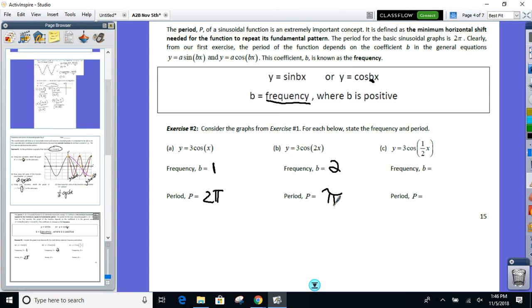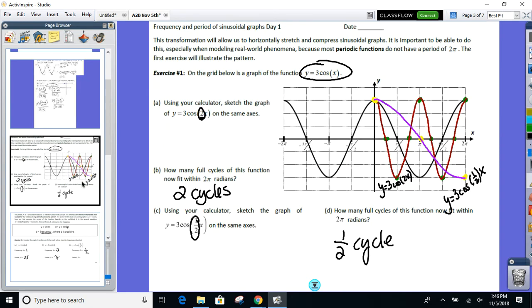Let's see how good we are on the next one. What was the frequency on the last one you graphed? 1/2. And you don't see a full curve, do you? But if I continued this out, how long would it take for me to see the entire curve if I saw half of it at 2 pi? 4 pi.